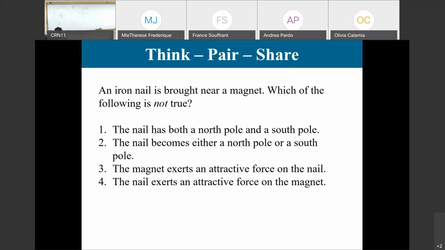Normally it's attractive because this nail is a ferromagnetic material. So, by action-reaction, Newton's third law, if the magnet exerts an attractive force on the nail, the nail also exerts an attractive force on the magnet.